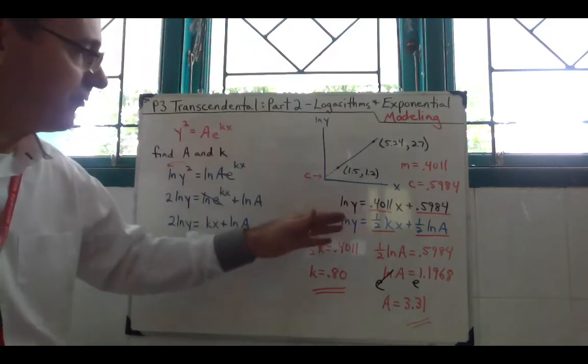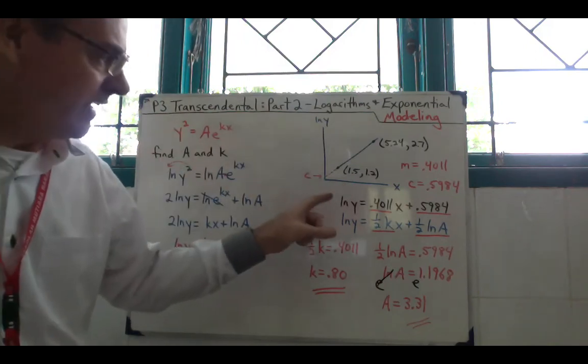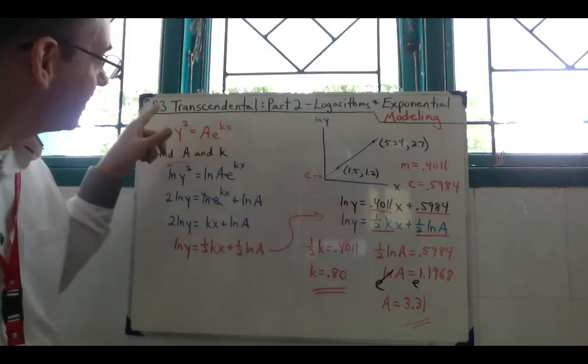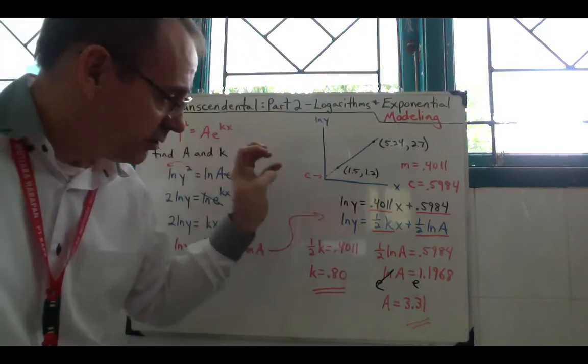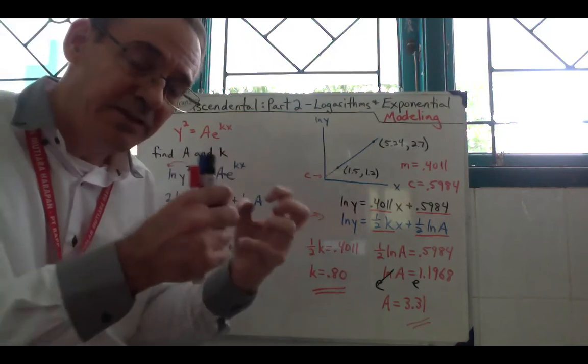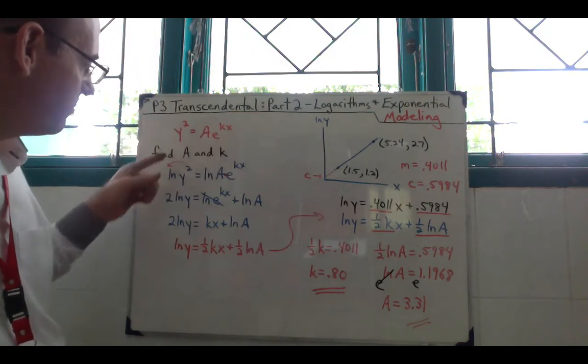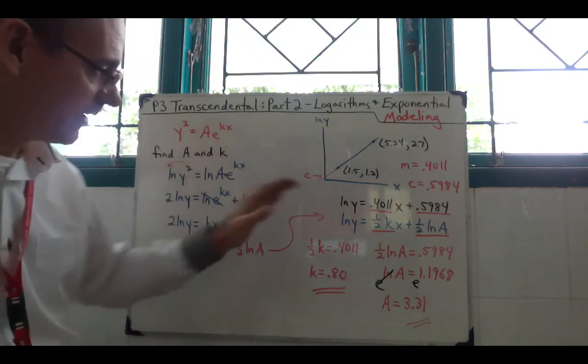So again, be careful. You can go both ways, but in this case, if you went from the line to the model, you have that potential to get your exponent and logarithm out of order. So it's better to ln both sides, to work from the model to the line.